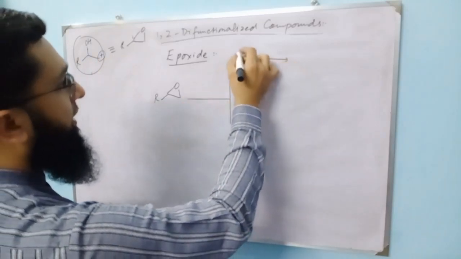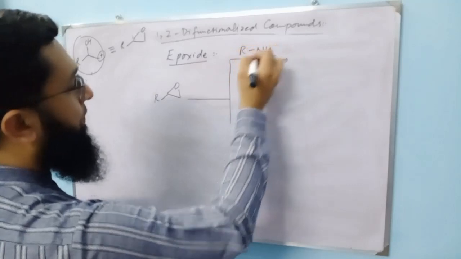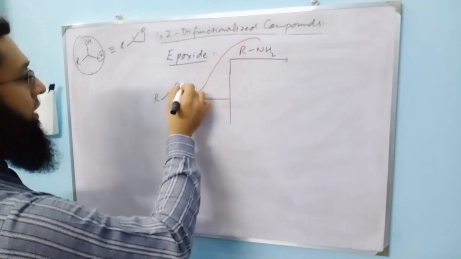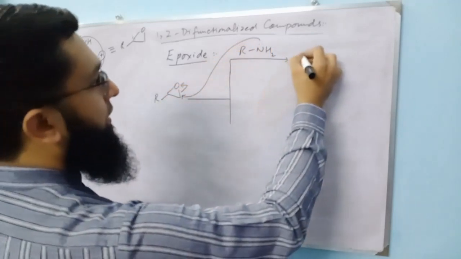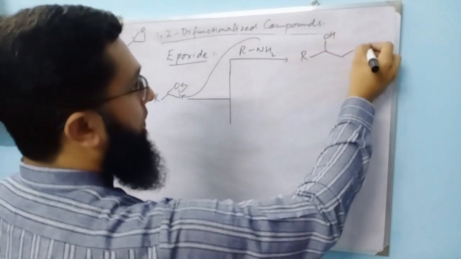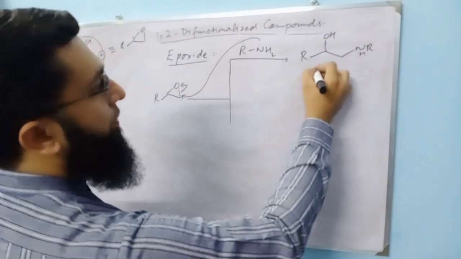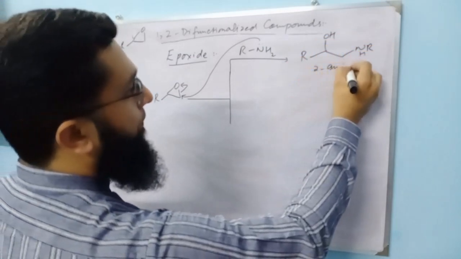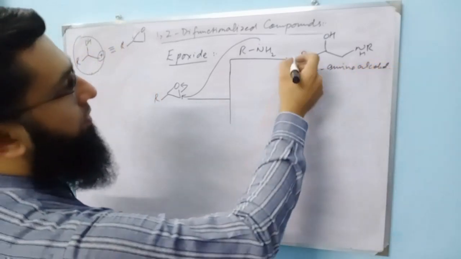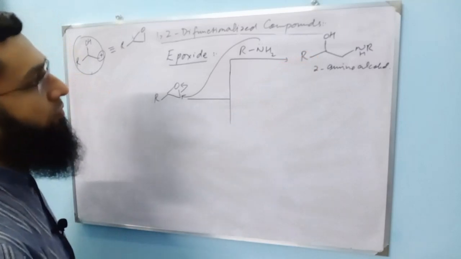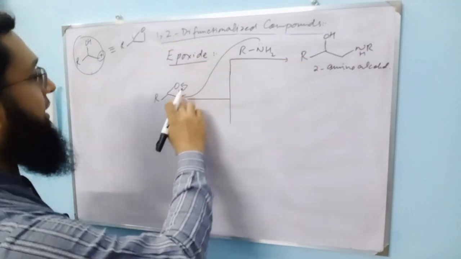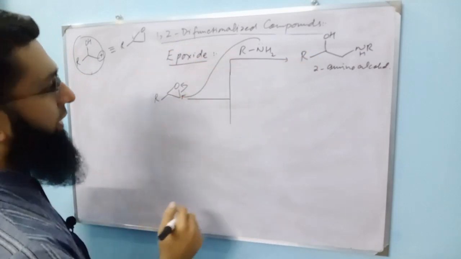different nucleophiles such as amine, the amine would attack here, and after ring opening reaction we will get beta amino alcohol or 2-amino alcohol. So this is one type of 1,2-difunctionalized molecule which can be prepared using the reaction of amine with epoxide.